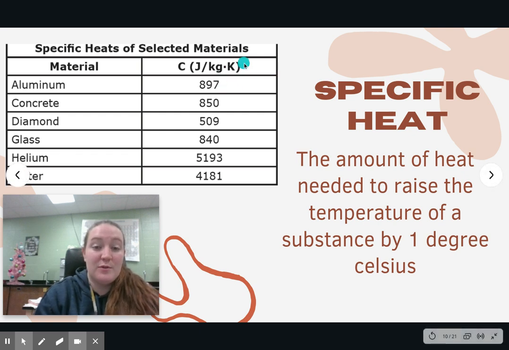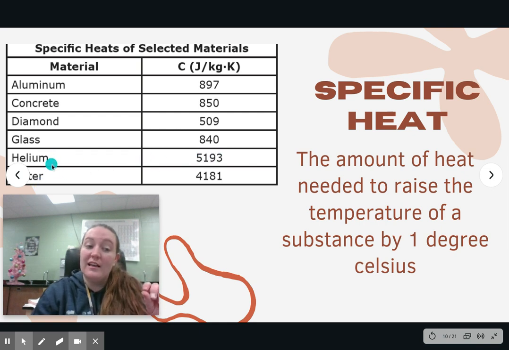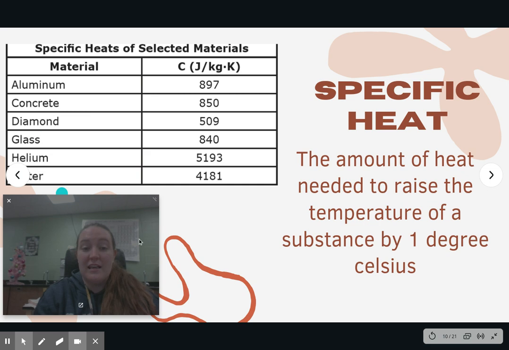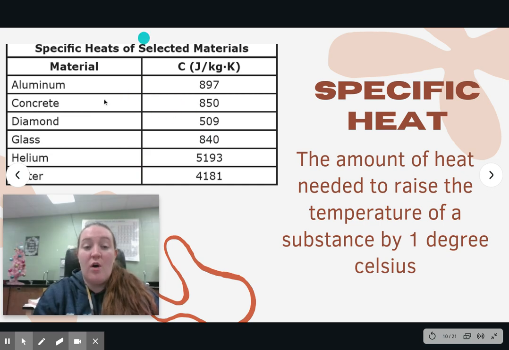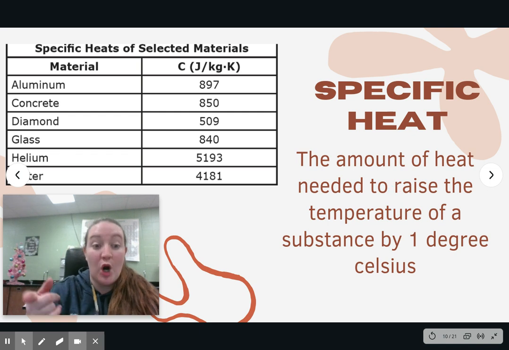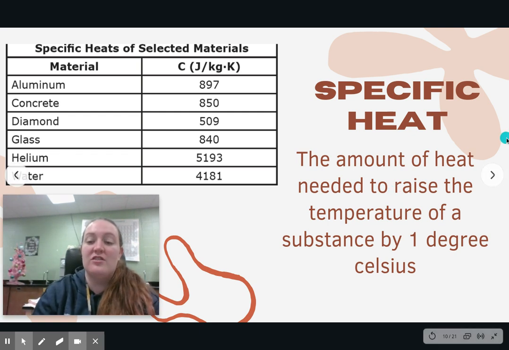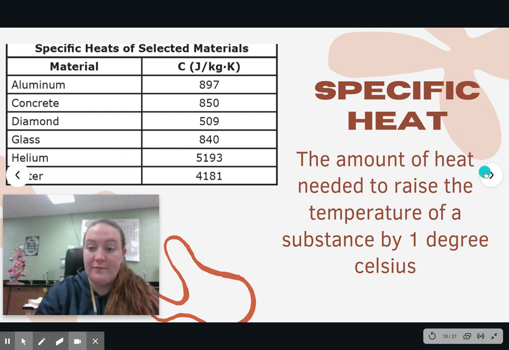That's kilograms per Kelvin. So it's a pretty high one. So is helium. Helium's a gas. Again, that phase where helium is a gas, it takes a lot more energy to heat up a gas. We're going to be using these as we go on to calculations today. Tomorrow you'll be practicing your calculations on these. And this one's a little bit harder than what we did yesterday.